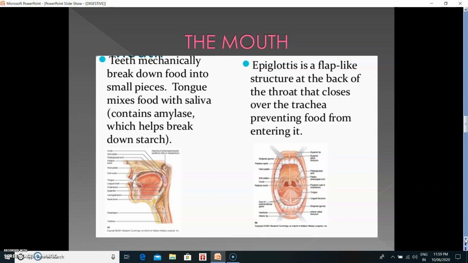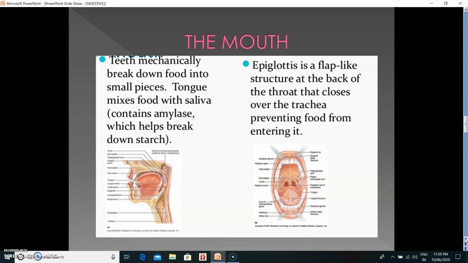Okay, so what happens? Your teeth mechanically break down the food into small pieces inside your mouth, and with the help of the tongue you keep on mixing the food, and the mouth contains saliva that helps to lubricate the food.